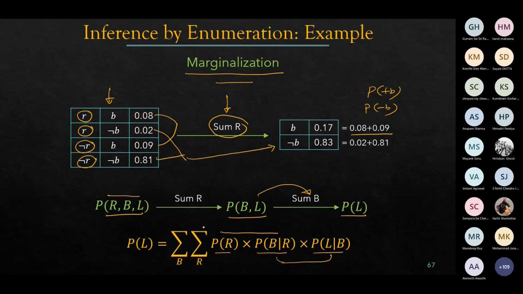Now we are performing sum out operation on R, and the sum out operation is represented by this summation R. And then finally, you are doing the sum out operation on B to compute probability of L, right? So this is what we do in the inference by enumeration method, right?